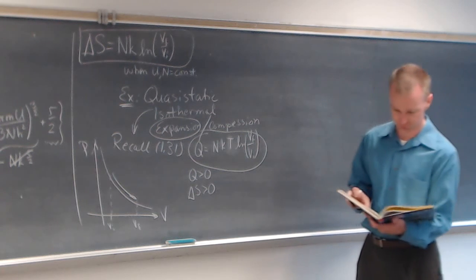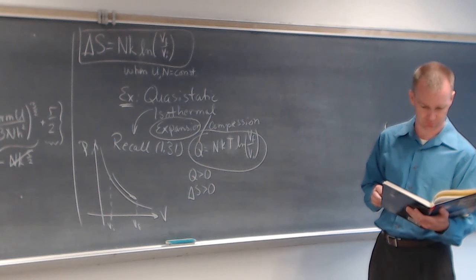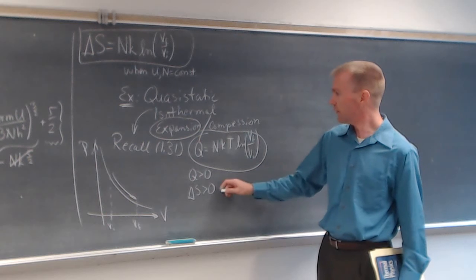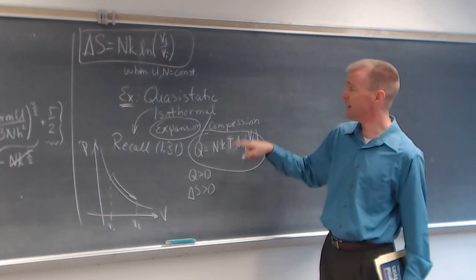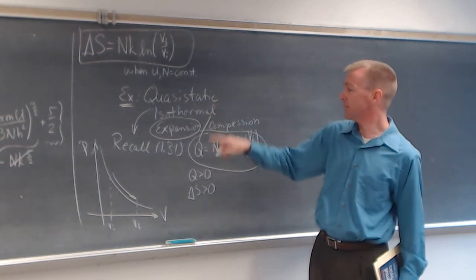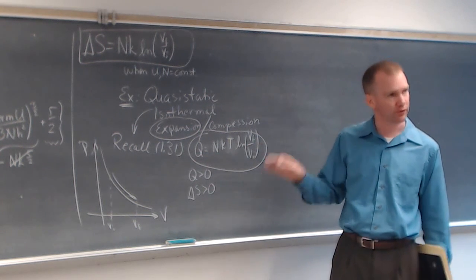In fact, one nice little consequence of this is that you'll be able to see that in this case, the change in entropy is simply Q over T. For this case.